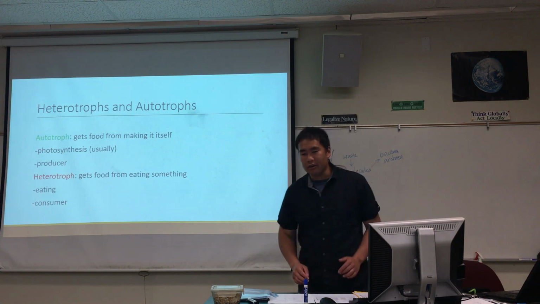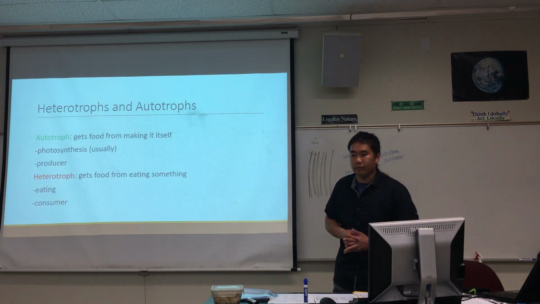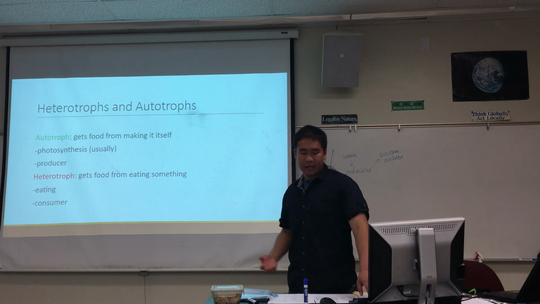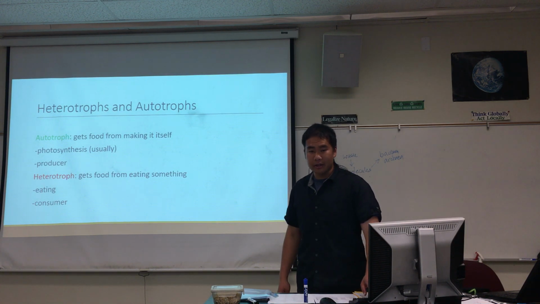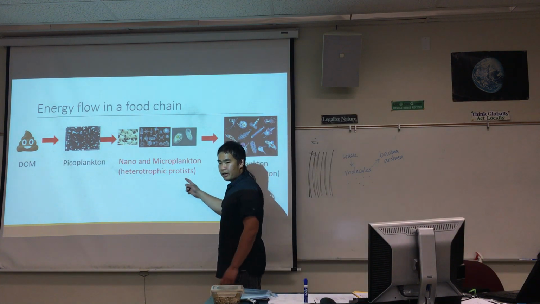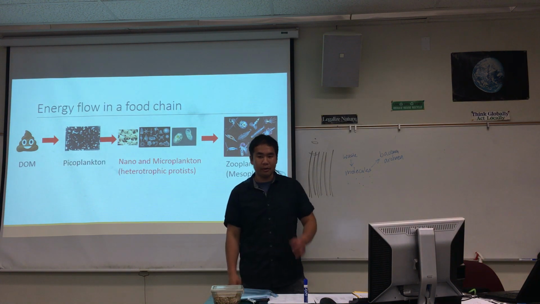So what are we? Are we autotrophic or are we heterotrophic? We're heterotrophic, right? We don't produce our own food. Okay, so an autotrophic organism is a plant, a heterotrophic organism is something that consumes, so we need a heterotrophic protist, right? Just to make sure we know what that word means, can you give me an example of an autotrophic protist real quick?